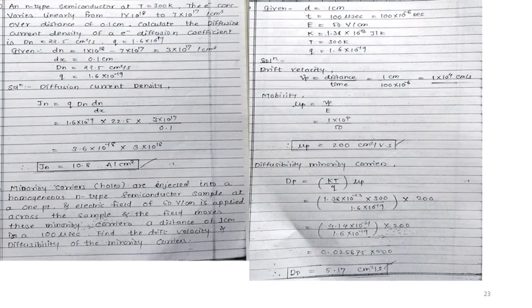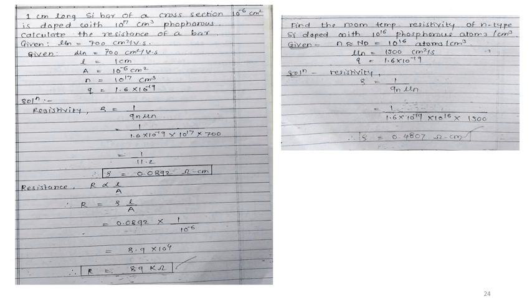Generally we prefer the CGS system, but if you are given centimeter in terms of meter or any quantity in both systems, then you have to convert. Then here we calculate the diffusion coefficient of minority carriers Dp, that is, of minority holes, and just go step by step. Then we are getting the answer Dp is equal to 5.17 centimeter square per second.